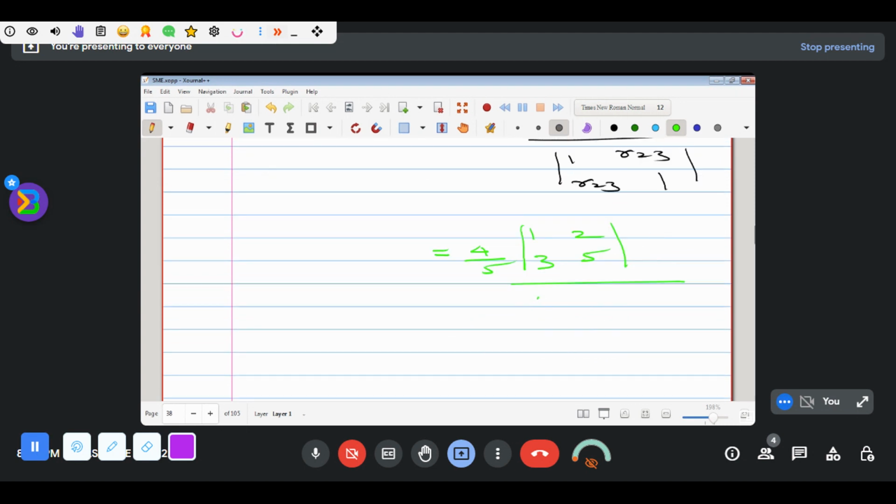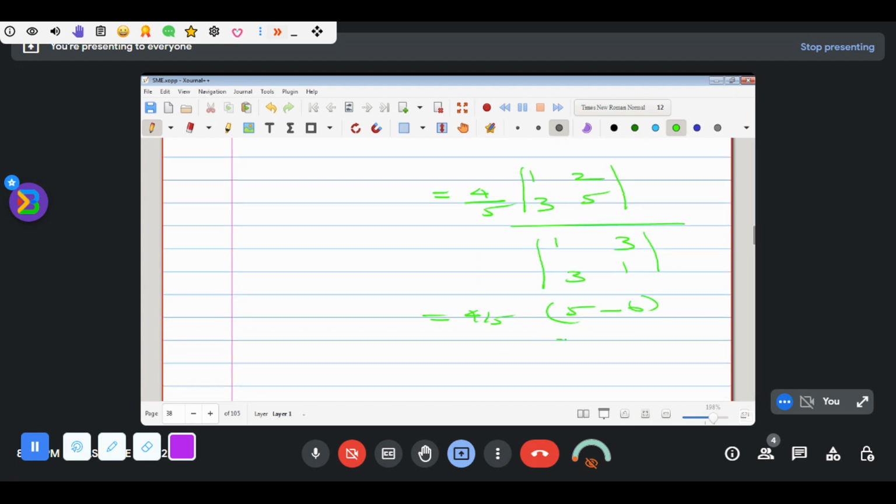Therefore, 1 3 3 1, that is equal to 4 by 5 into 1 into 5 is 5, minus 3 into 2 is 6, divided by the same 1 into 1, 3 into 3 is 9, minus 8, already completed in the previous problem.